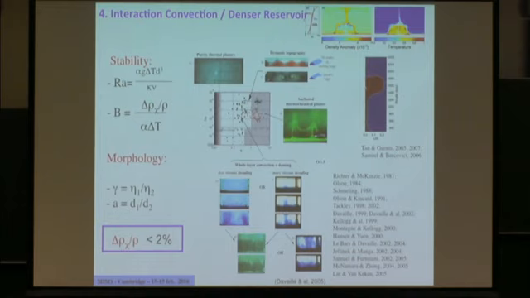For buoyancy ratio between 0.4 and 1, that's where all the interesting doming behavior is occurring. And you can have domes, piles, ridges, depending. So all those terms define different morphologies, but they're all in the same narrow buoyancy ratio range.